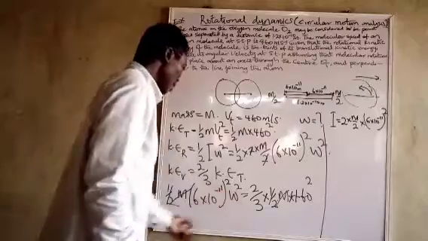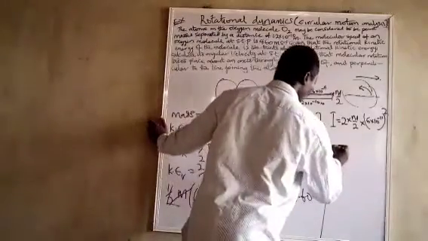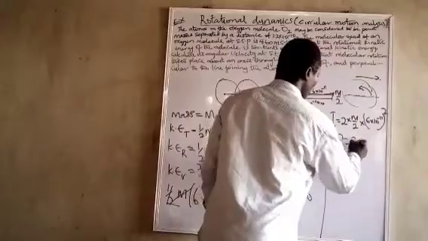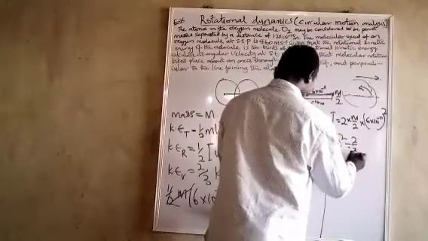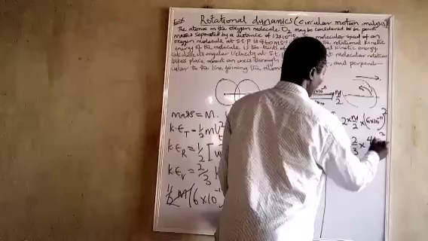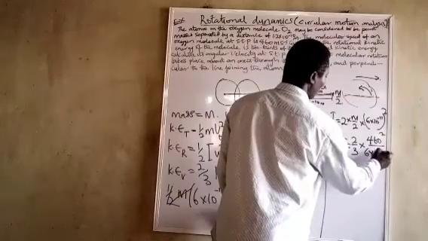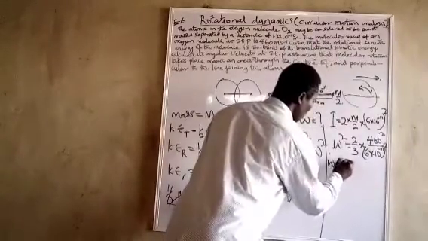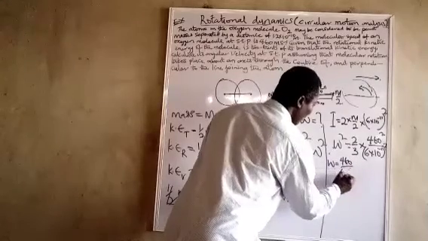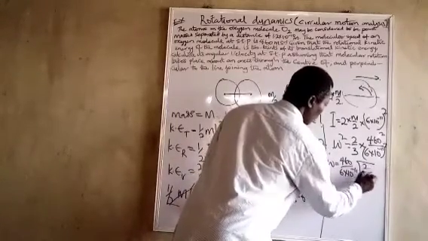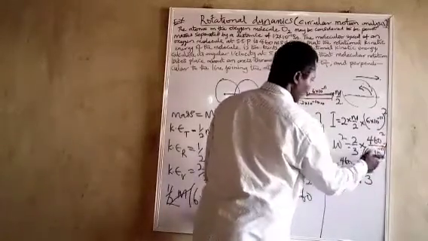Now from here, I can calculate my omega squared. It will be equal to 2/3 times 460 squared over 6 times 10 raised to the power minus 11 all squared. So omega is equal to 460 over 6 times 10 raised to the power minus 11 times the square root of 2/3, because the square root of this will bring this out.